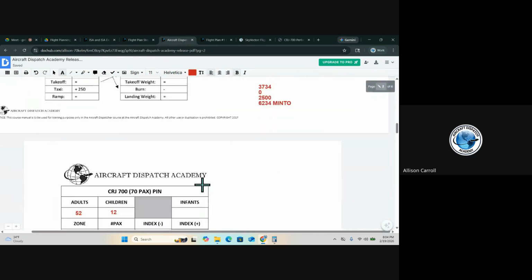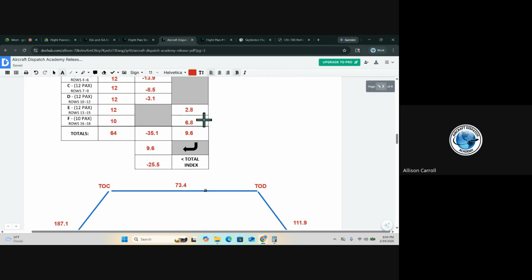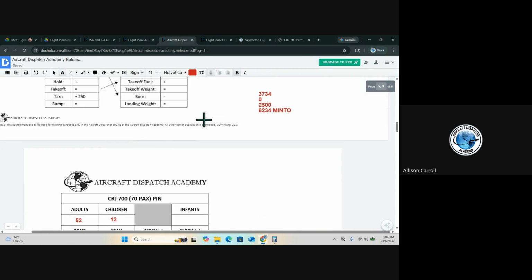Well, our segment of route that we just figured out is top of climb to top of descent. It's just 73 miles. We don't need to break that up into smaller pieces because it's only 73 miles, okay? So 73.4, there is our cruise segment right there. We're only going to be at cruise for 73.4 miles.